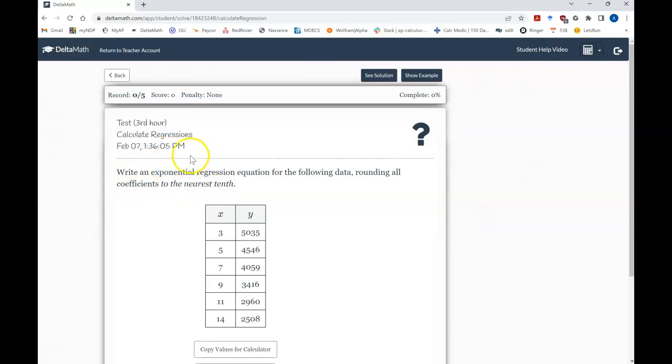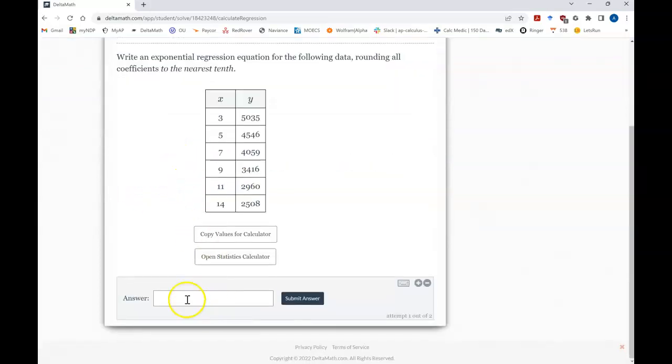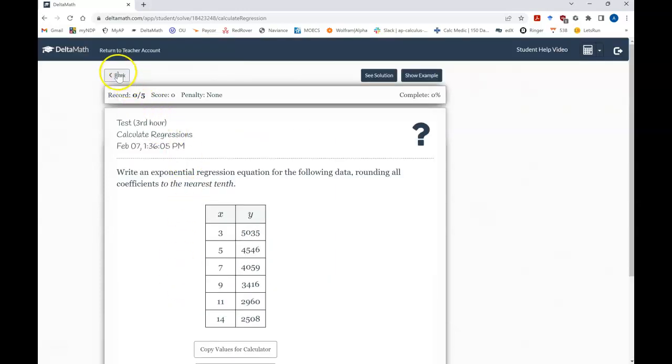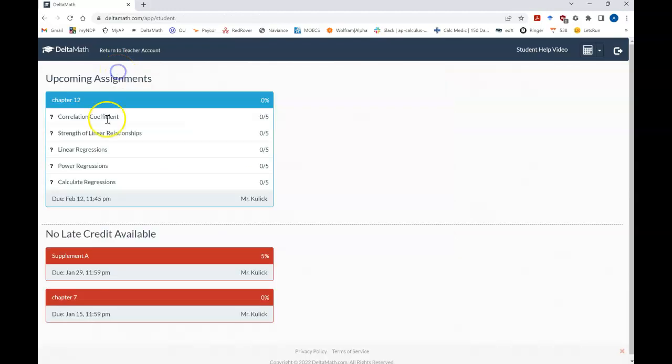This one asks for an exponential, and all they want is a model. So you just type it in your calculator and use the exponential regression to get it. Does that feel okay? Okay.